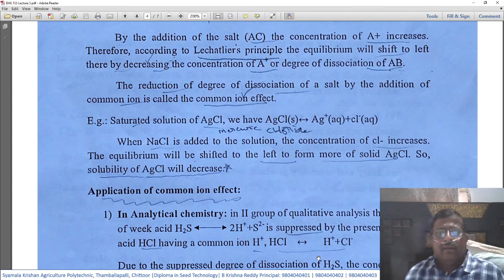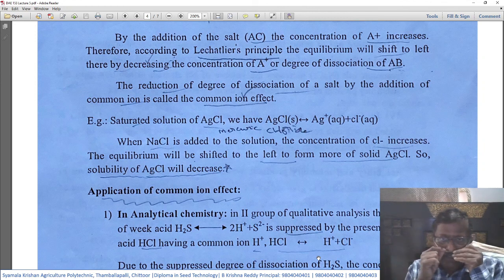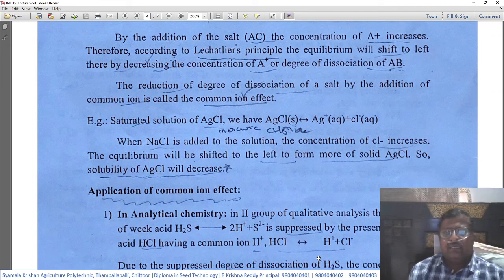When silver chloride is in a saturated solution, then AgCl, which is in solid form, will be in equilibrium with the aqueous form of Ag plus ion and aqueous form of chloride ion.